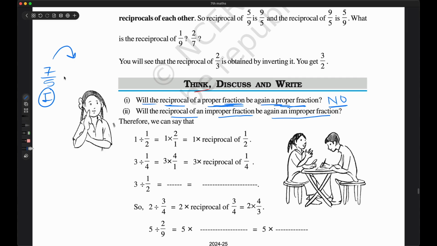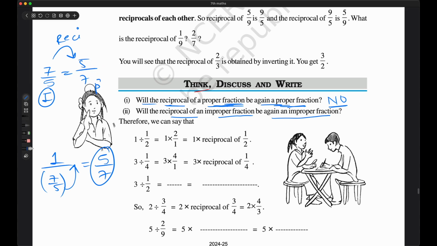Then the reciprocal of 7 by 5 is: we write 7 by 5 in the denominator of 1 and then send the denominator above the division line, that is, 5 by 7 is the reciprocal. If we see, 5 by 7 is a proper fraction. So the reciprocal of an improper fraction will never be an improper fraction again.